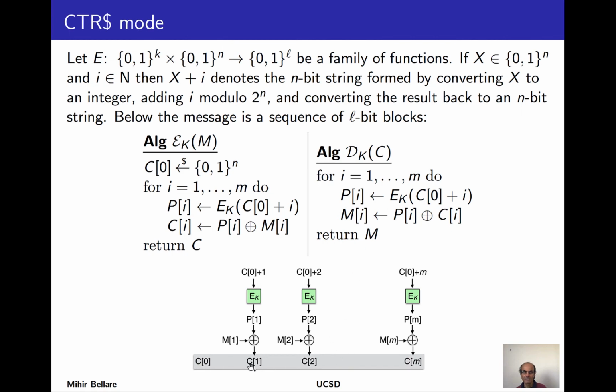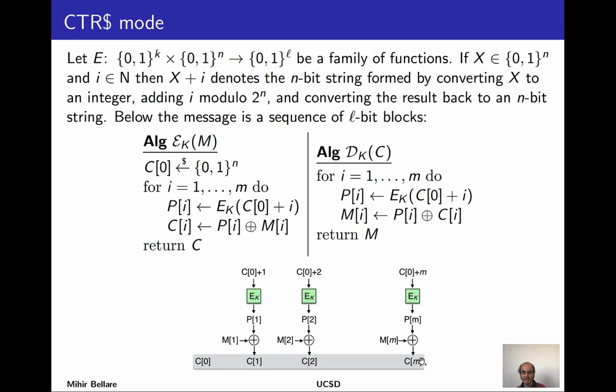Well, given these ciphertexts, the adversary first looks at this and reconstructs this sequence over here. It just has to add 1 and 2 up to M, where M is the number of blocks in the ciphertext over here. It has E and K, so it can, just like the sender, run through and compute the P's over here, the pads.